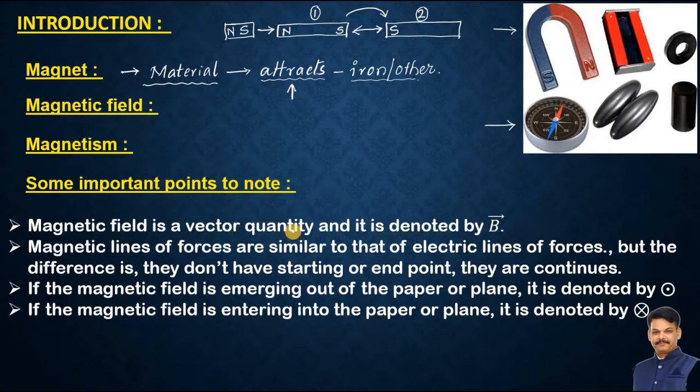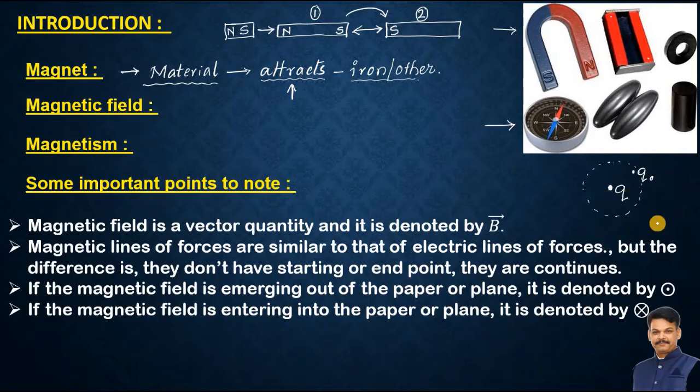In our previous chapter, that is in the study of electrostatics, or the phenomena associated with charges, we came to know that whenever there is any charge, around that charge there will be some space, and that space is known as the electric field. If any test charge or another charge is brought into that electric field, then this test charge will experience a force.